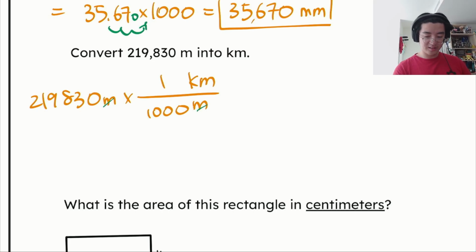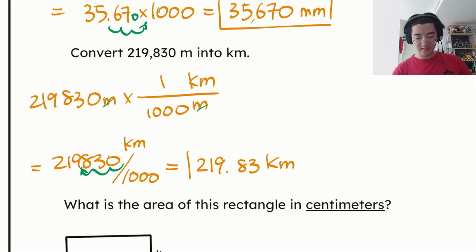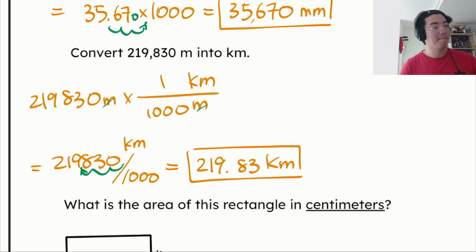Cancel, cancel. So 3 zeros, so 3 decimals to the left. 219.83. Right, we don't need the 0 at the end because it's after the decimal. Don't worry about significant figures.